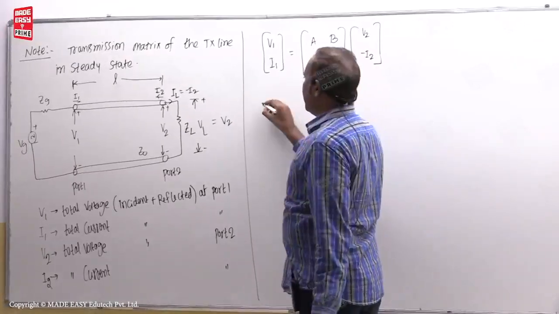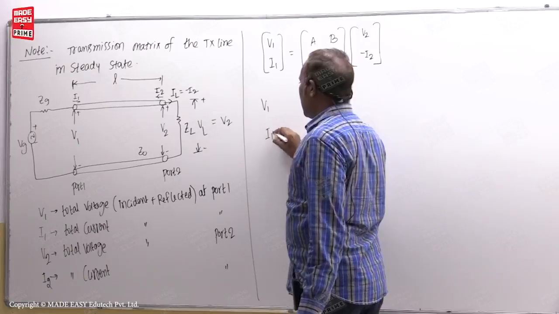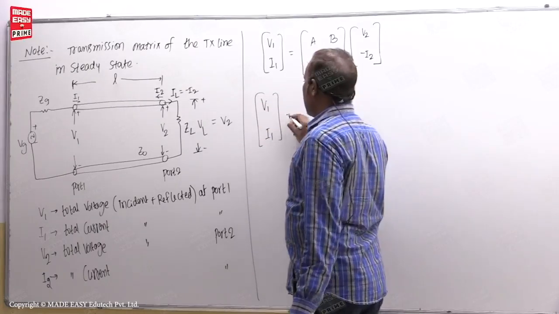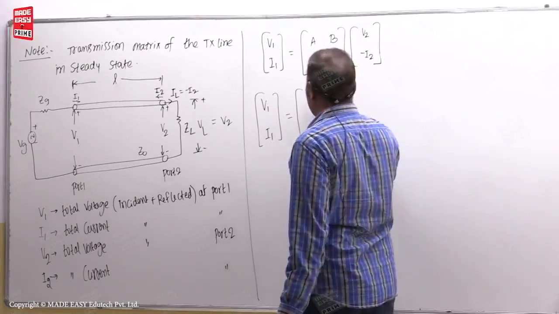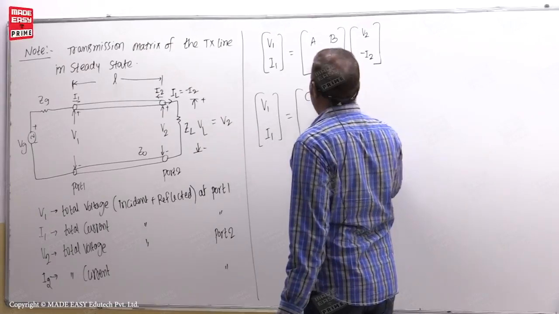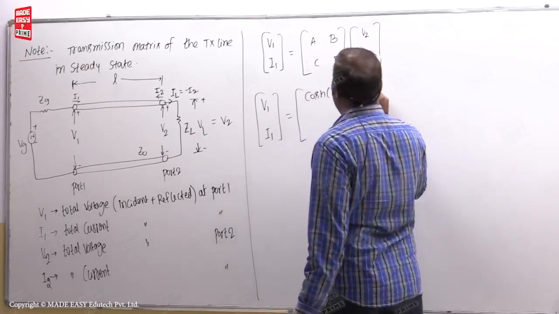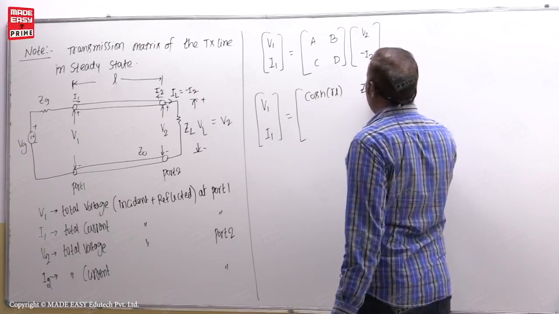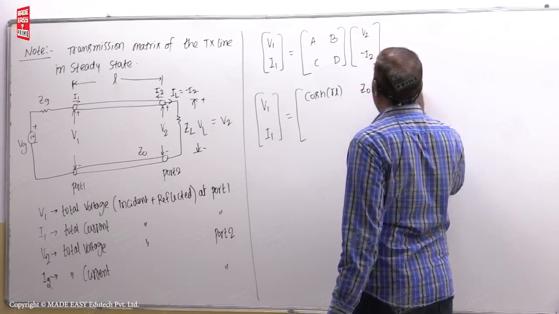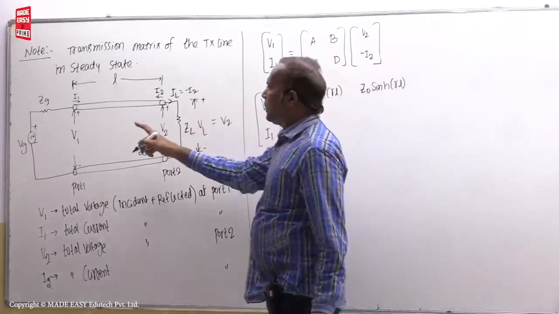Now V1, I1 is equal to cosh gamma L, Z0 sinh gamma L, with total length L, students, since we are linking input to output.